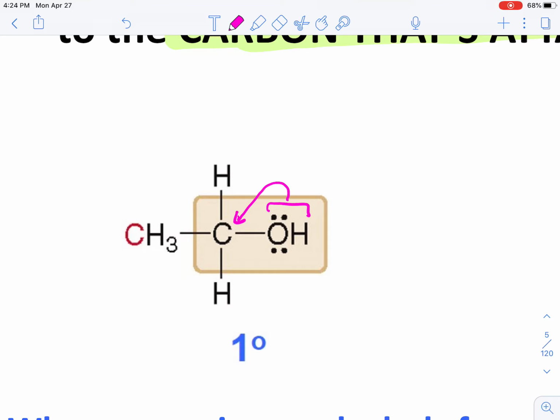And so this carbon is going to be covalently bonded to this carbon. So because this carbon in pink, this central carbon in pink, is attached to only one, or covalently bonded to one carbon, then it makes this alcohol a primary alcohol.